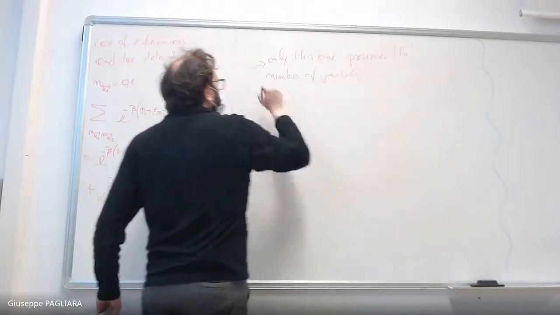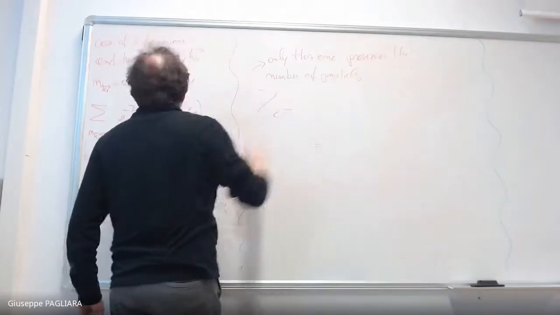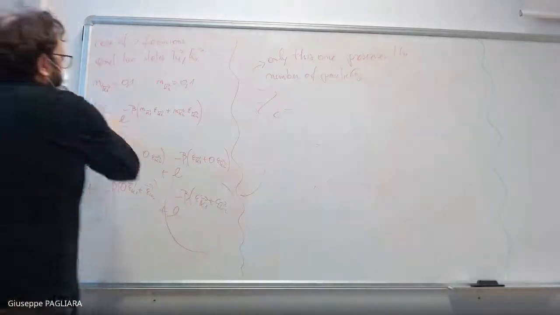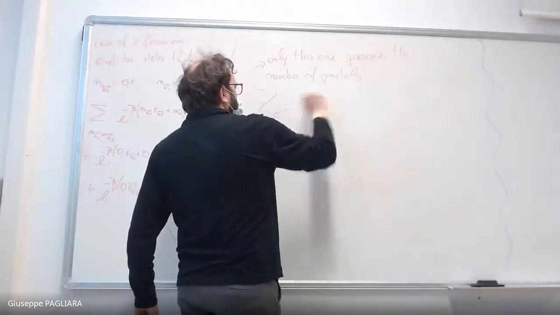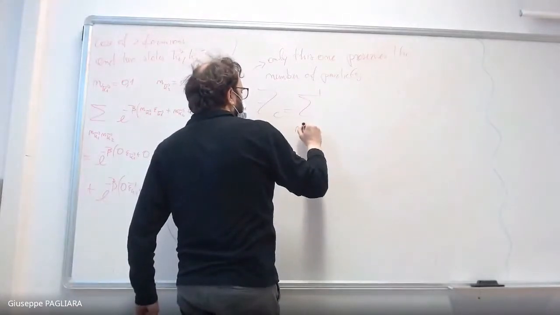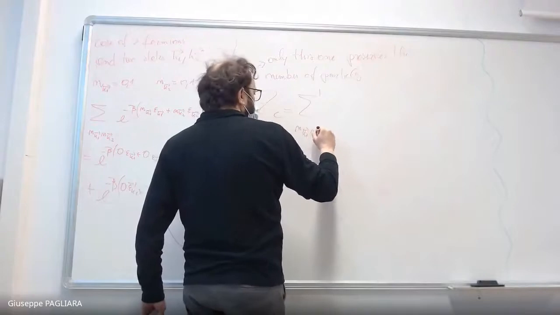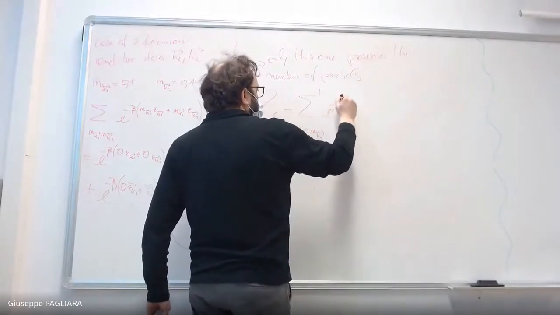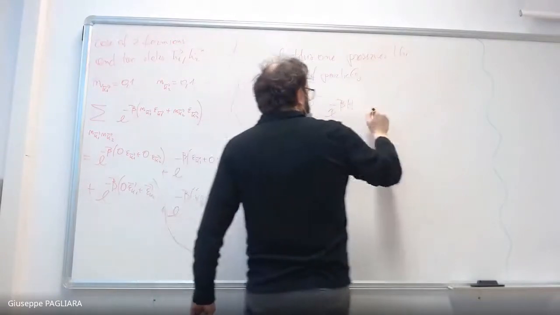So if you want the canonical partition function, that was the sum prime over nk1 and nk2 of e to the minus beta H, which is equal to this.